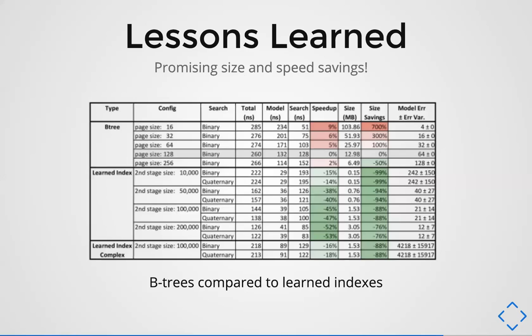Okay. And the results are pretty amazing, especially in terms of the size savings. So look at this, the overall size of the B tree for this particular data set. And this particular data set, I should describe that too, is a collection of web requests to a university website.